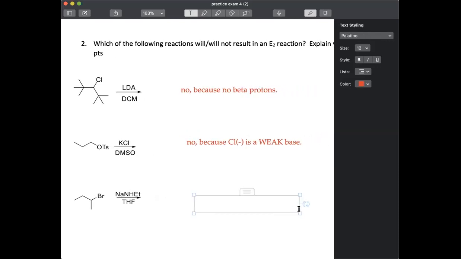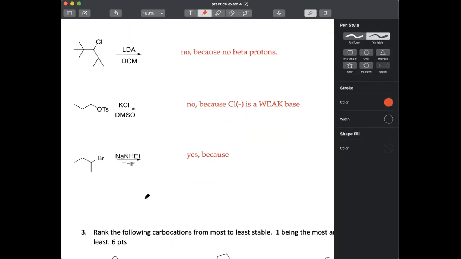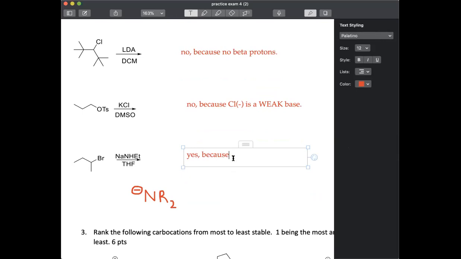All right, what about this one? Yeah, it will. Okay, so someone give me a reason. Yeah. So one thing you should know is if you see this NR2 negative, and R could be anything. R could be a hydrogen, or R could be carbons, right? This is a really, really, really strong base. Your amides.